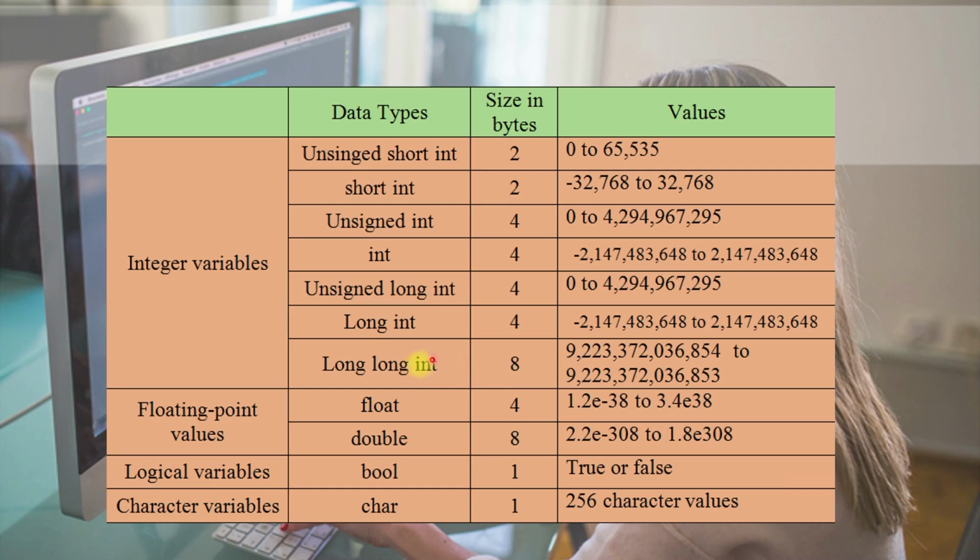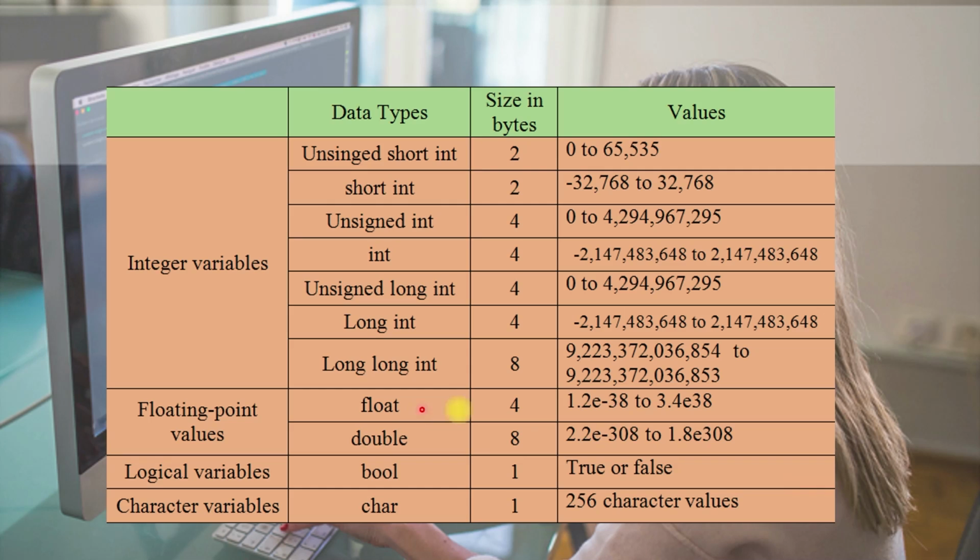It means if you have a very long number, the data type for that long number should be what? Should be long long integer. The next one is what? Floating point number. In floating point number, we have 2 kinds of data type, which is float and double.